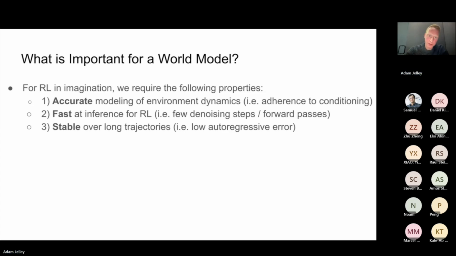And not only does it need to be fast, but as you reduce the number of denoising steps, you also need the error to be low enough that when you do the autoregressive generation, the model doesn't drift out of distribution and it can remain stable over long trajectories.